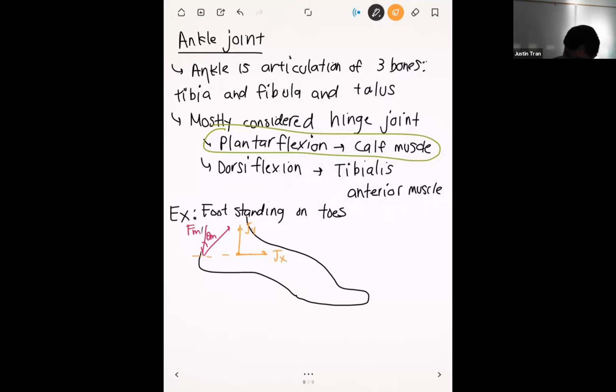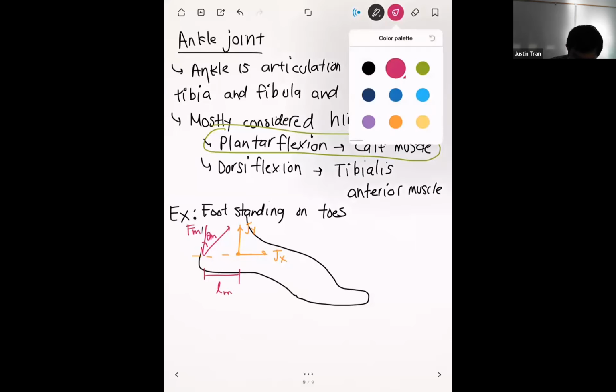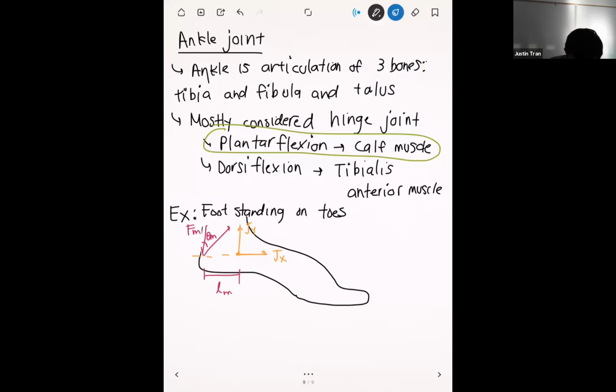So we have Jy, Jx. The length from here to here is LM. The other force we're applying is a weight force, applied as a normal force from the ground. And this distance right here will be LW.